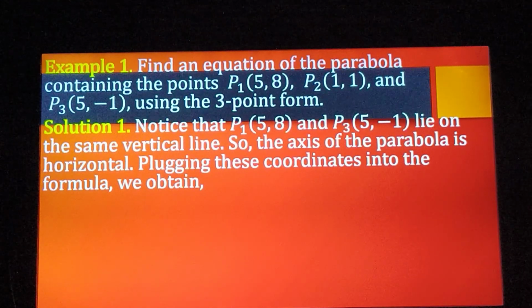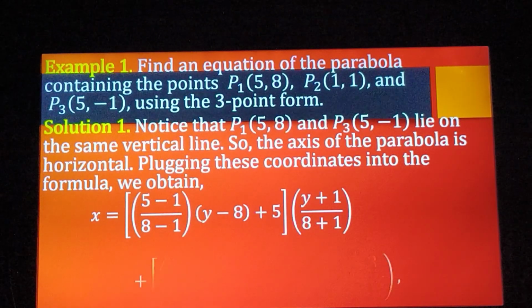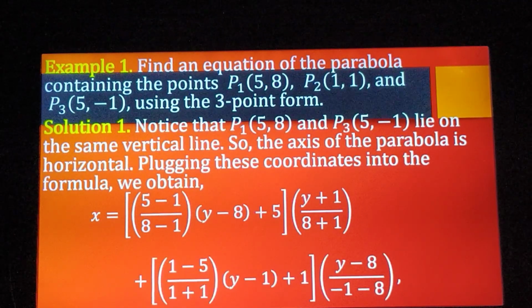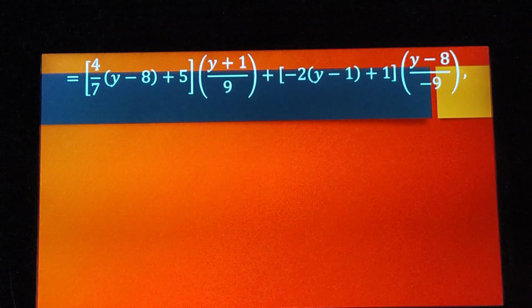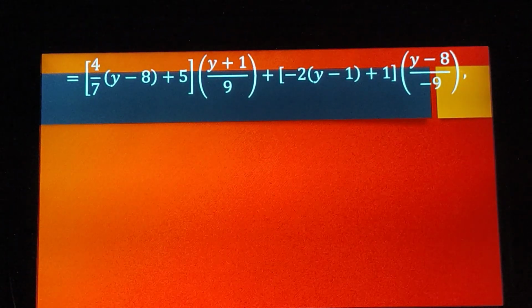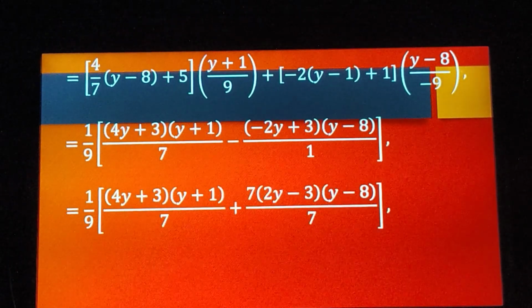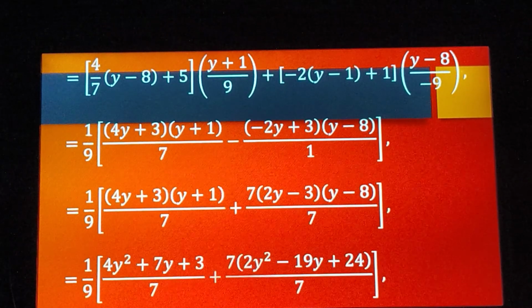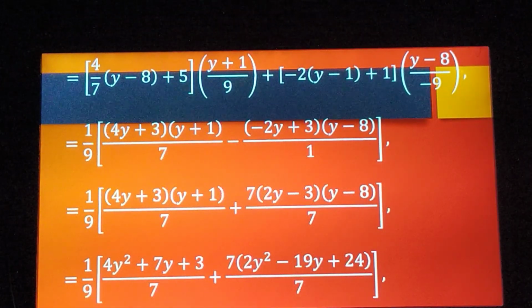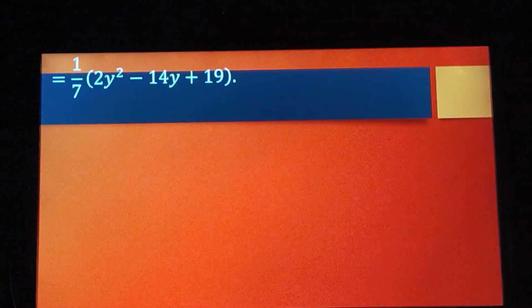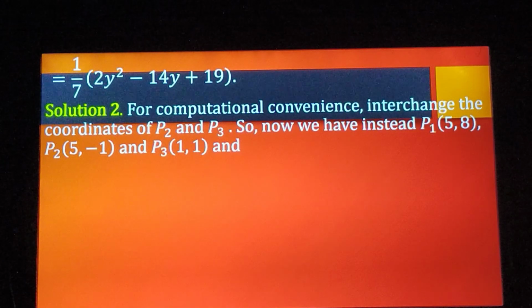Plugging these coordinates into the formula, we obtain that equation, which simplifies step by step, and finally to the expression 1/7 times the quantity 2y² - 14y + 19. So that is the equation of the parabola.